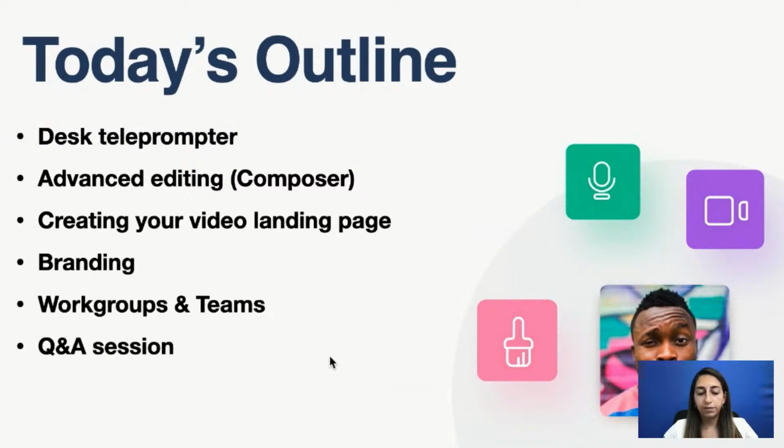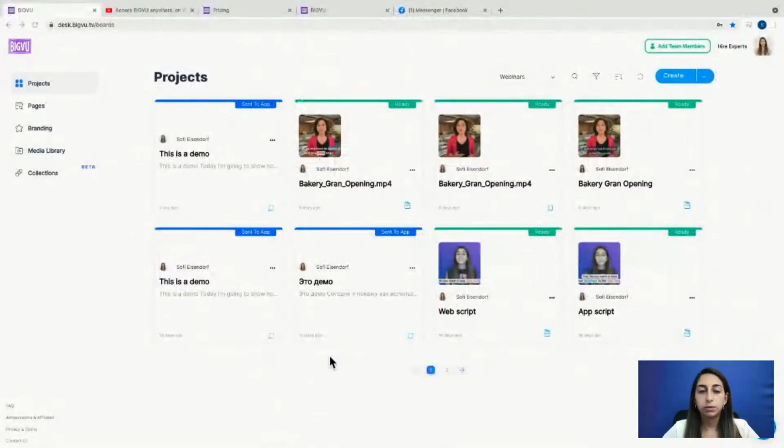The first thing that I want to start with today is the desktop screen. Like I've said, BIGVU has an app and also a desk version. The desk version contains desks, which are the workspaces that a BIGVU user uses for his projects.